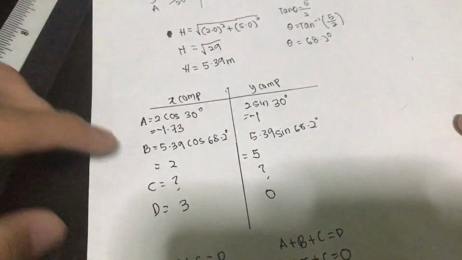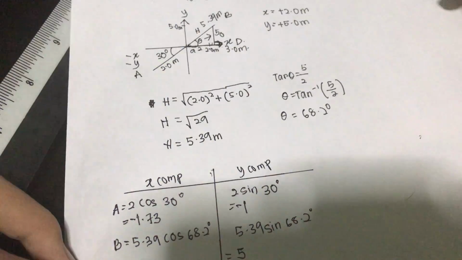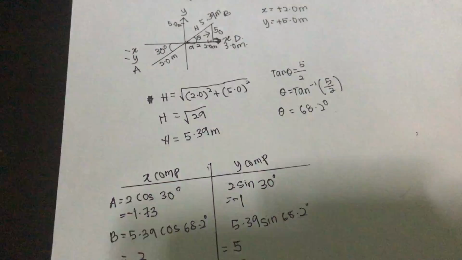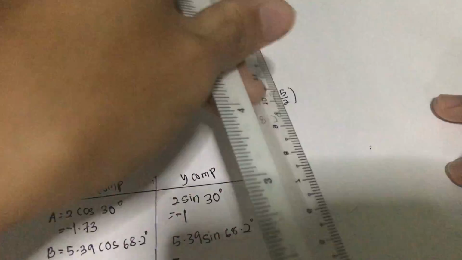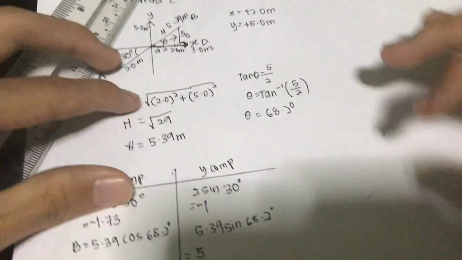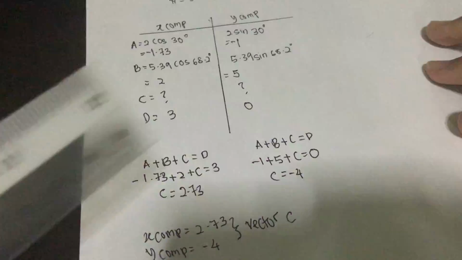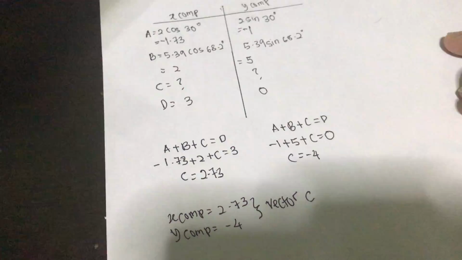Move to the next question, B: find the magnitude and phase of vector C. Before this, we know the answer for the x component and y component for vector C, and we just use this to find the magnitude.